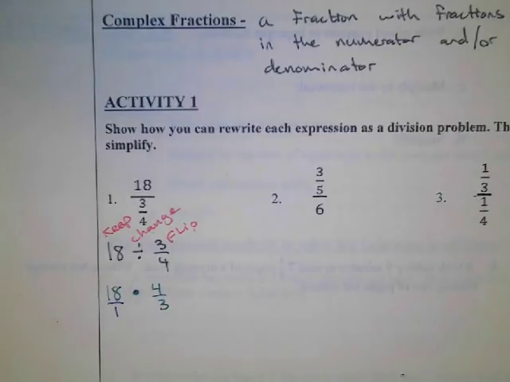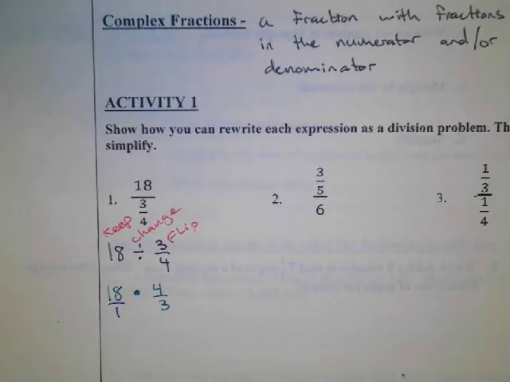There's multiple ways to simplify. You can multiply the numerator and denominator, then divide. So we'll look at that. Or you can simplify early, if you remember how to do that. To simplify this one, we will multiply 18 times 4. So 18 times 4 is 72.